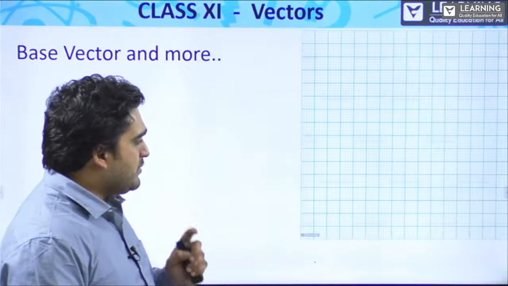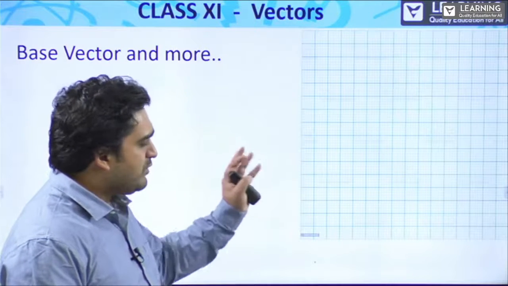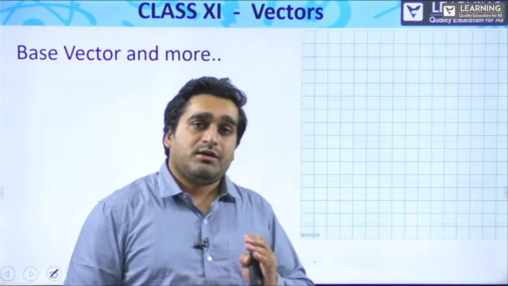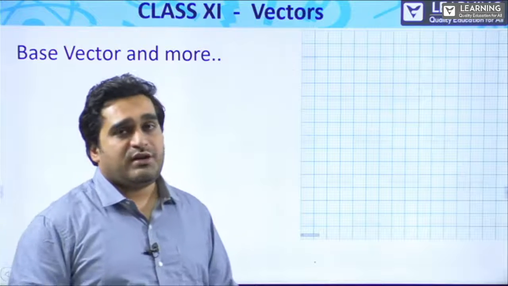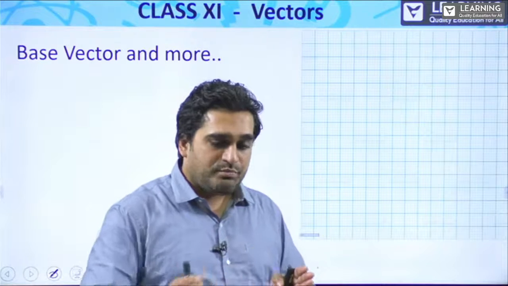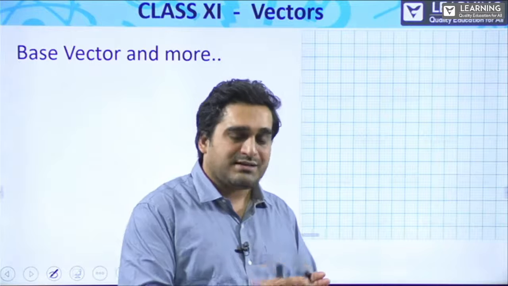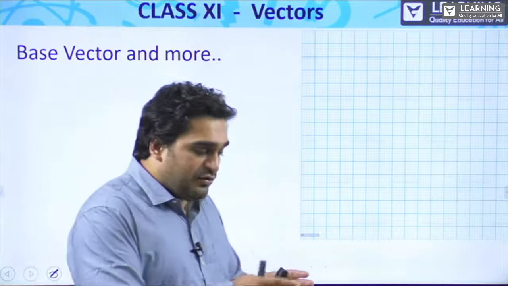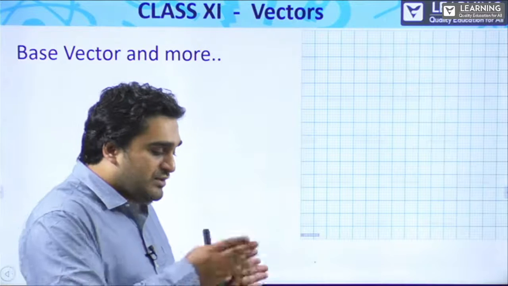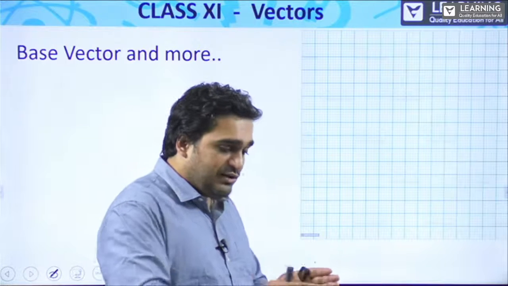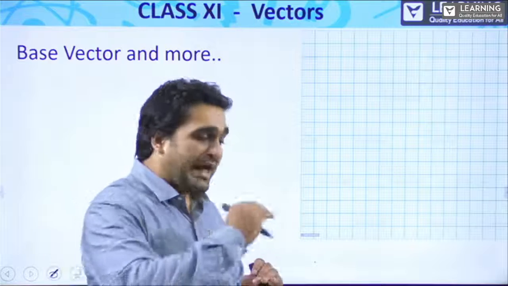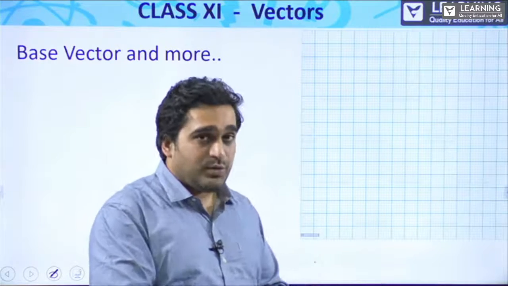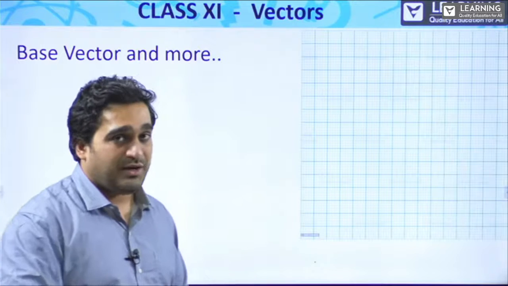Base vector. So using a set of coordinates as your x-axis and y-axis, to these two respective coordinates you break those into parts, and each part has a certain unit. A certain unit means a certain value. So the values that you represent along the x-axis and the y-axis, the smallest value that you represent it with is what is called your base vector.